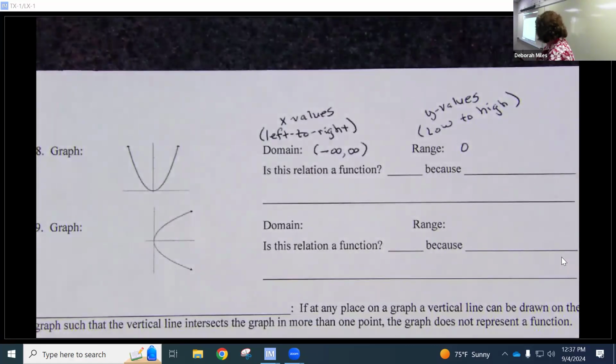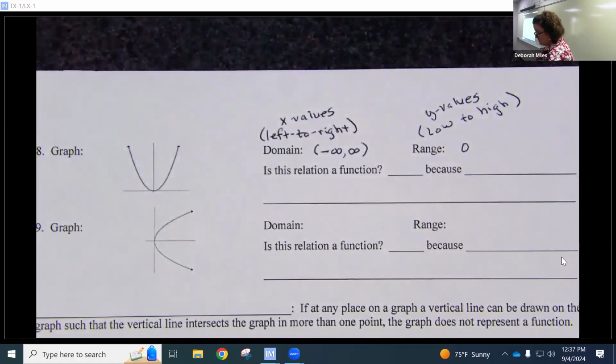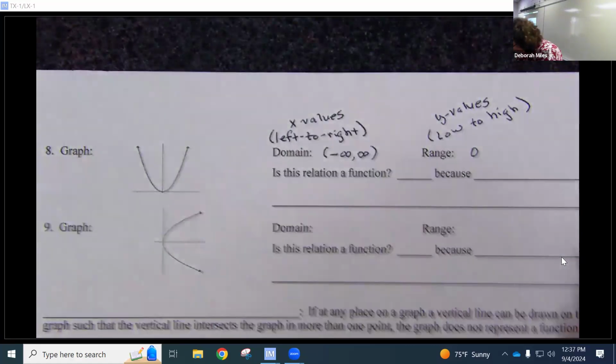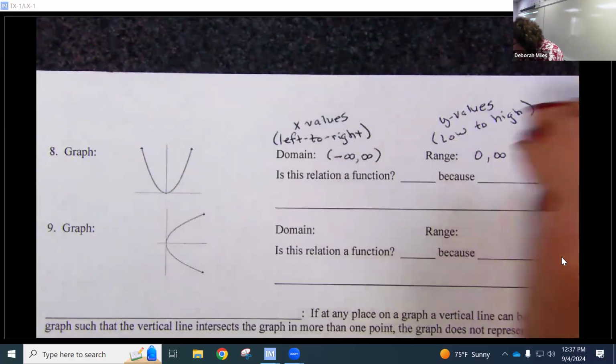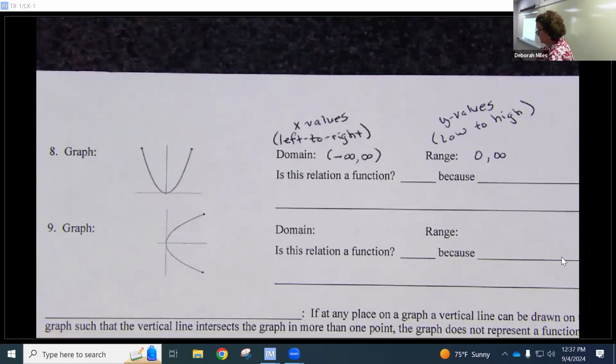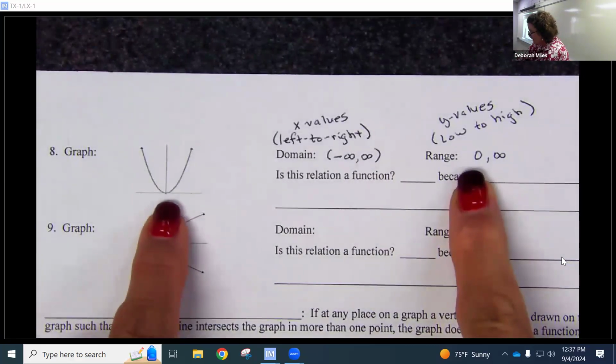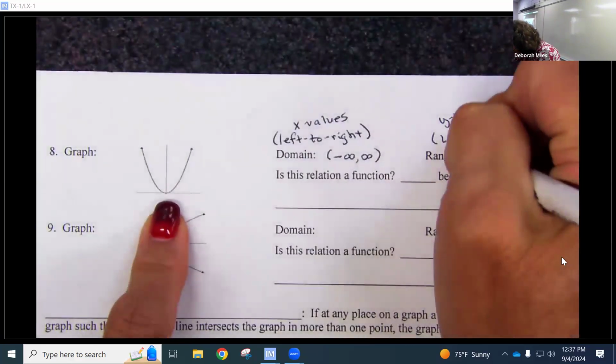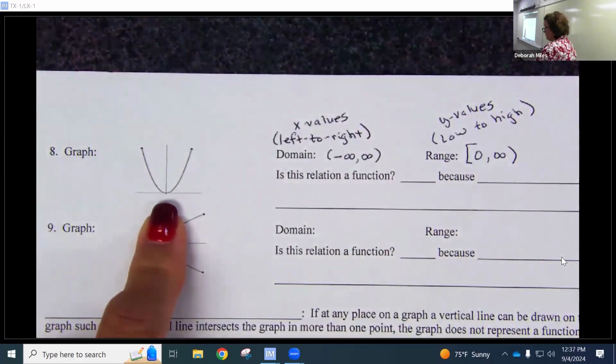And what's the highest y value on that graph? Those arrows indicate that this graph goes forever up. Is the 0 included? Does this graph actually touch where y is 0? Yes, it does. Infinity can never be. It's not a number that you can get to and include.